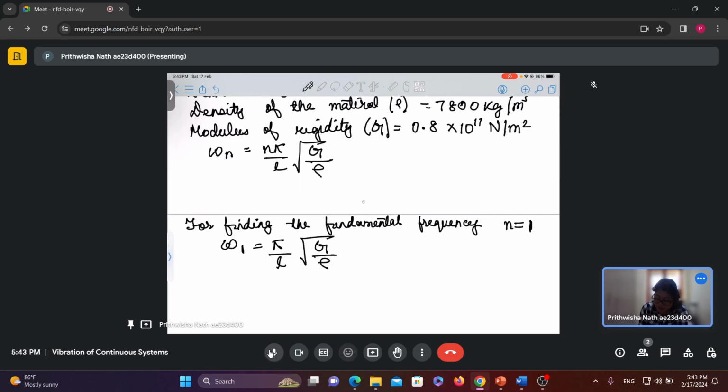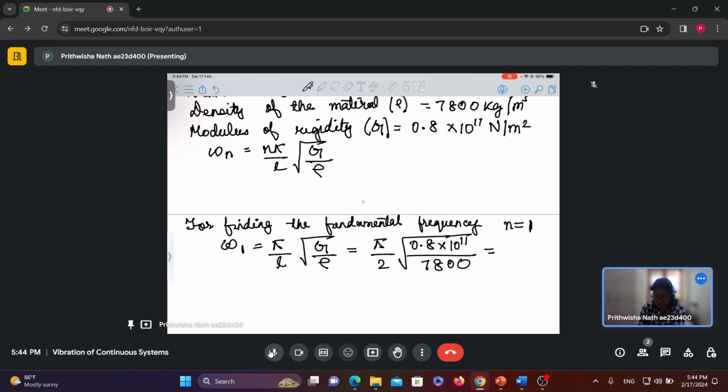square root of G by rho. Now I substitute the values. L is given as 2 meters. G we know from the question, divided by 7,800.